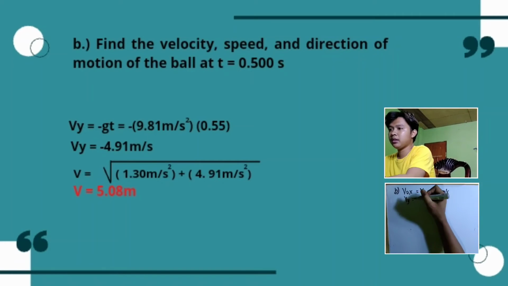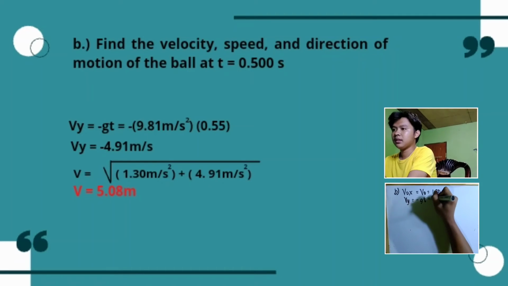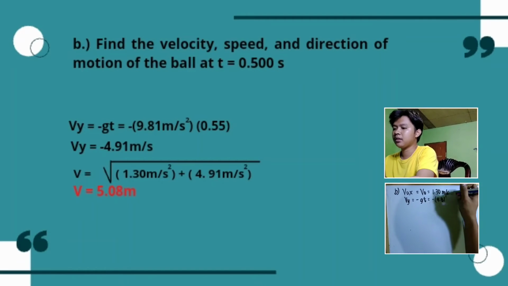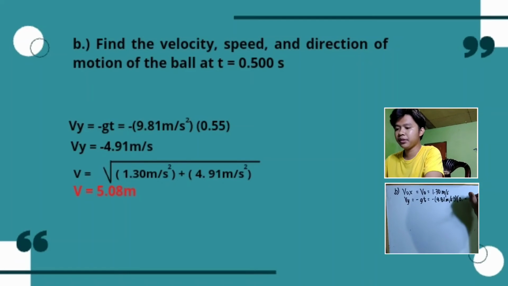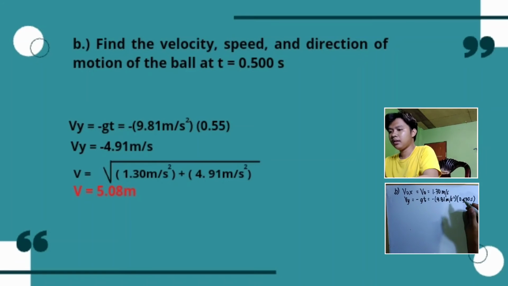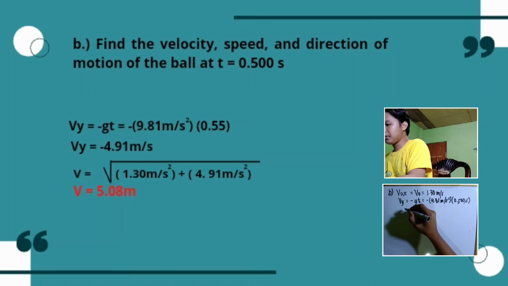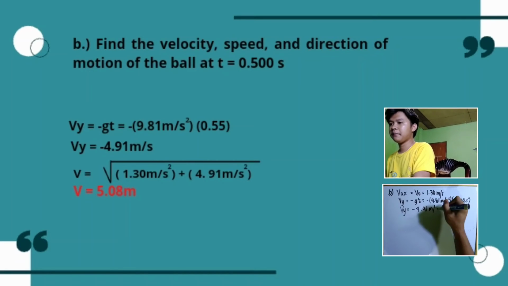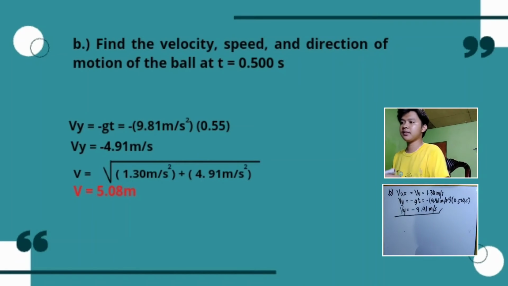And our v sub y, the value is negative g t, equals negative 9.81 meters per second squared multiplied by 0.500 seconds. In this, we cancel these seconds, and so we do the math. V y equals negative 4.91 meters per second. This will be the answer.